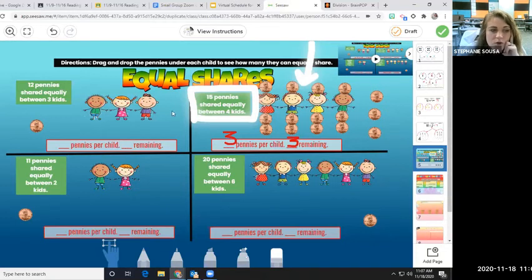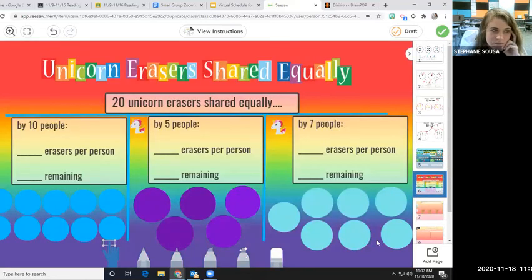Okay, you are going to complete these 3 today during your independent work time. Go ahead and go to slide 6, please. This equation asks you to share 20 unicorn erasers 3 different ways.